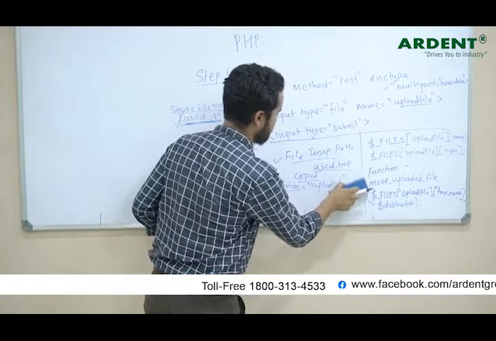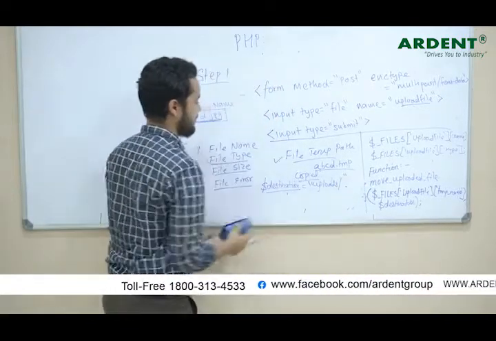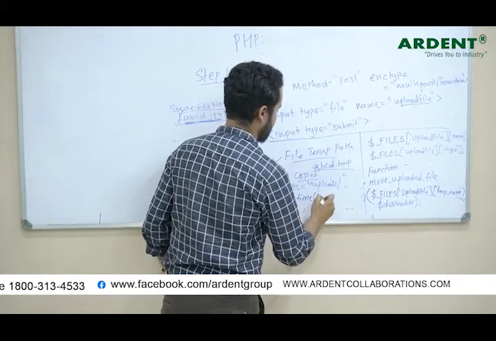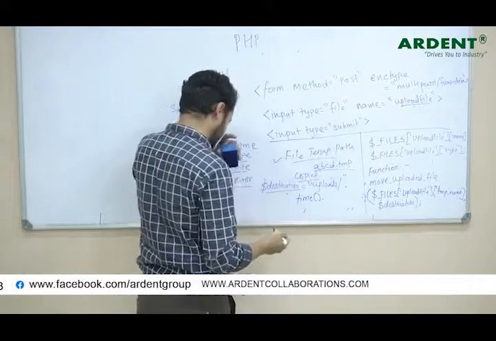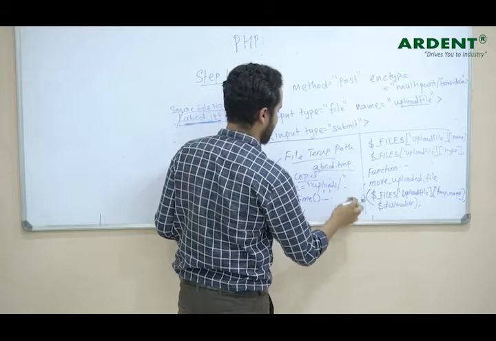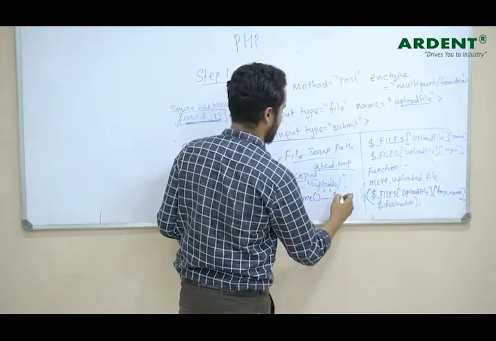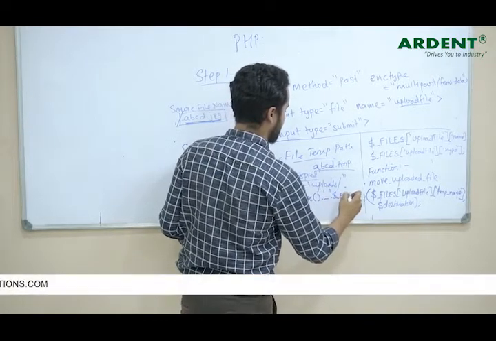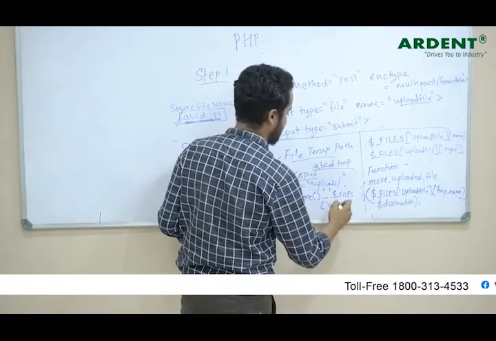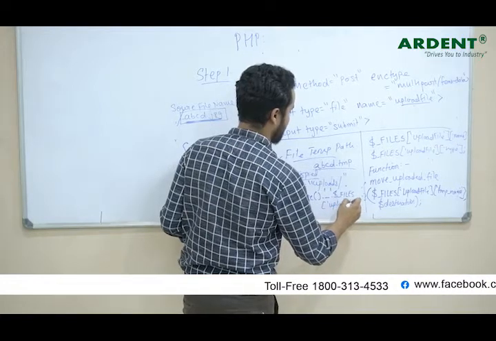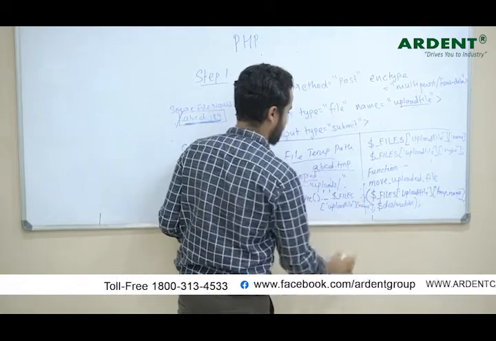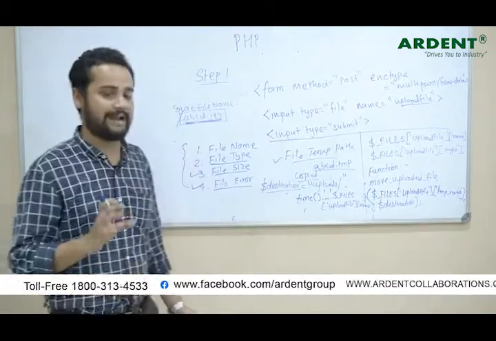You have to remove this and say uploads. time, dot. If it is a JPEG file, let's say you can just have an underscore and write the same code, $_FILES, and inside the bracket whatever the file name is, upload file name. So now what will happen?